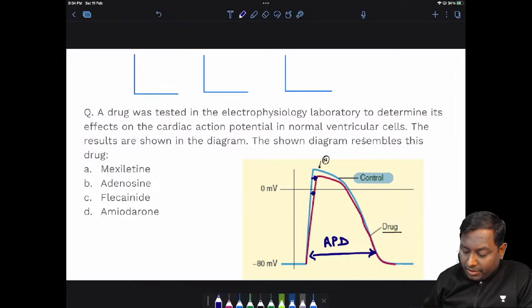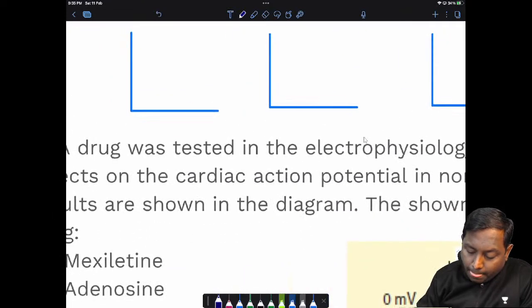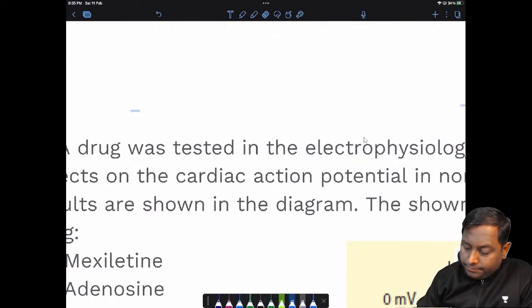Always remember that whenever we talk about class 1 antiarrhythmic drugs, let me just mention that. Let us quickly try to draw this one.